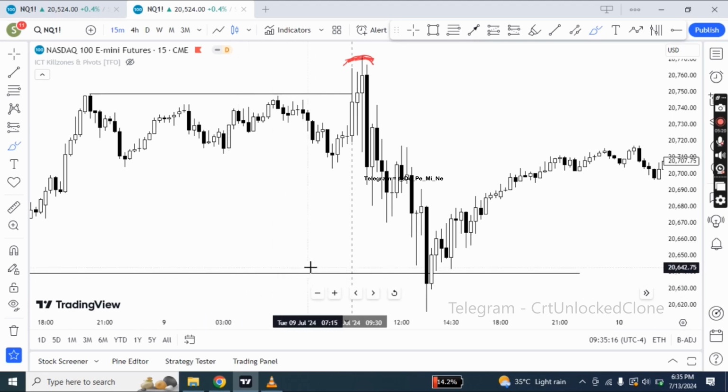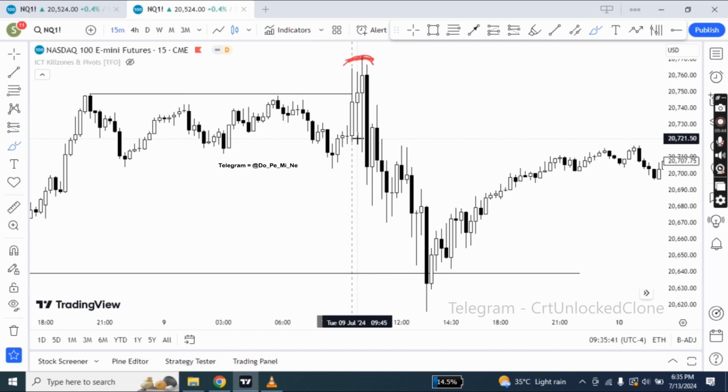So in this case, you can see that everything was in sync, and there was a proper logical framework behind this trade idea. There was a proper higher time frame and lower time frame thought process based on time and price that were in sync with each other, which led me to taking this trade right here.